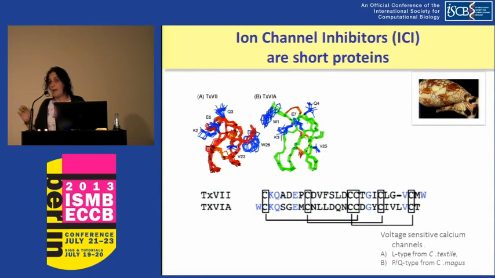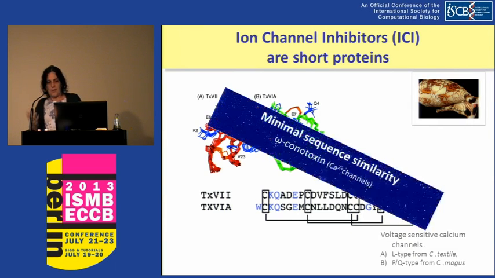And actually, those two are acting on very, very critical receptors or channels in our body. Basically, they will block transmission of neurons, so they will cause, I don't know, an elephant to die just because of this small peptide. So it's really very potent on one hand, but sequence doesn't tell us much. There is minimal sequence similarity between them.